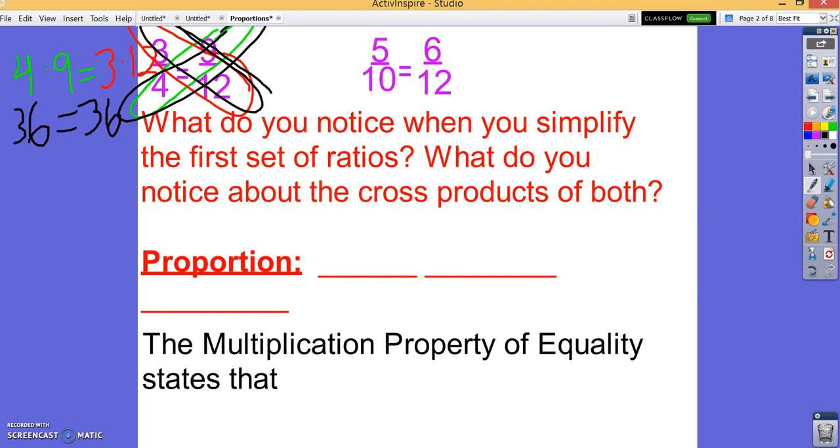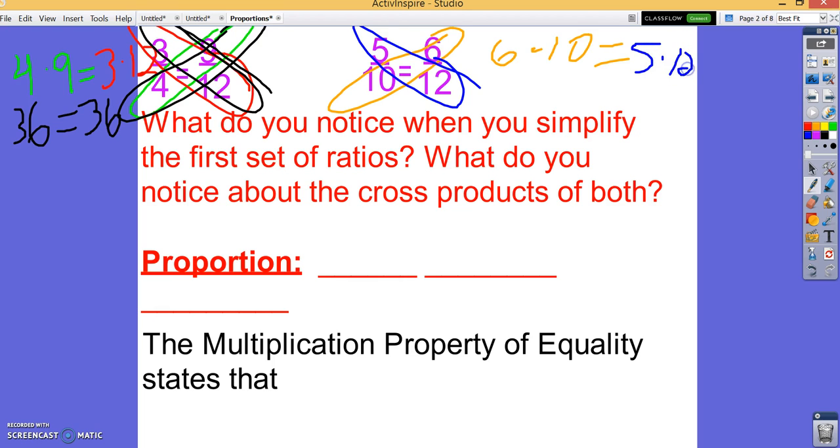Let's check it on the other side and see if it still works. So 6 times 10, we're hoping that it's equal to 5 times 12. And when we work that out, 6 times 10 is 60, and 5 times 12 is 60.